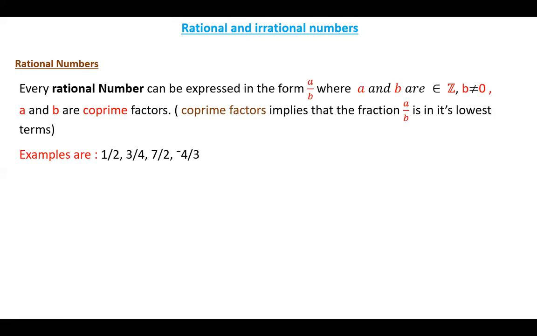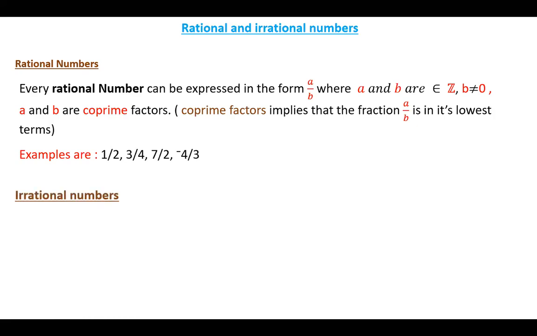A and B are members of the integers, so if they are members of integers, it implies they can be either negative or positive. And B should never be equal to 0. Meaning the denominator will never be equal to 0, but the numerator can be 0. There's no problem.